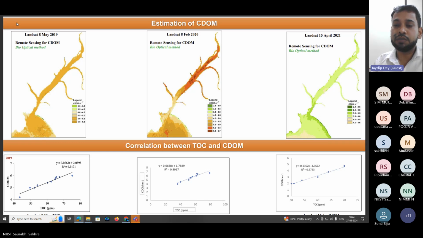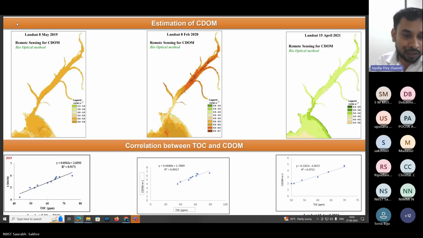This is one of the major observations in this study. When the organic component is high, there is less reflectance on satellite images, and it was appreciated by international reviewers for my research papers. So TOC and CDOM have been correlated in this study.